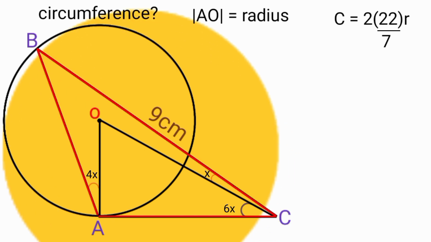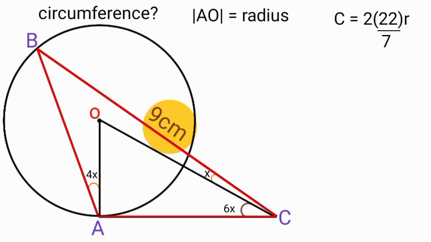But from this triangle here, triangle ABC, since we have the length of this line BC here, you can use it and find the length of this line AC here if we have the size of the interior angles. But what are the sizes of the interior angles? That's what we are going to find now.